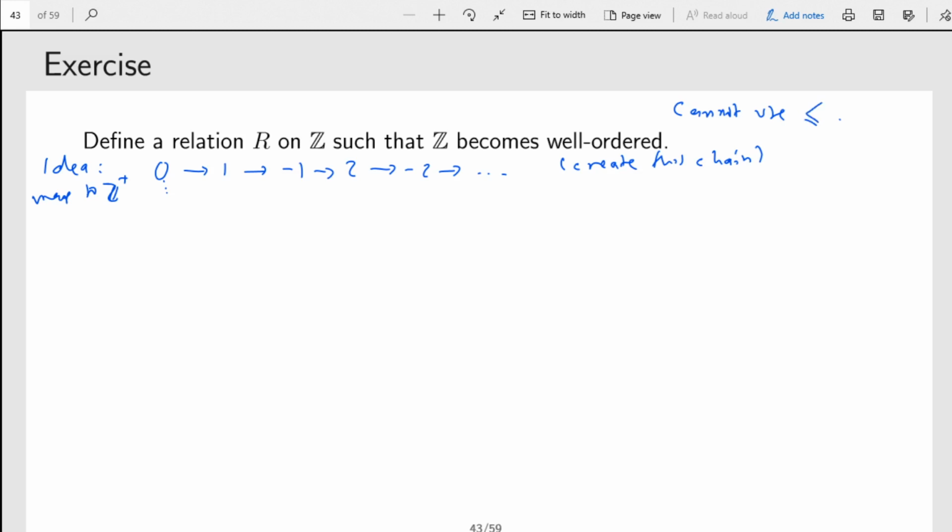So map to Z plus, so essentially you get 1, 2, 3, 4, 5 and so on, right?